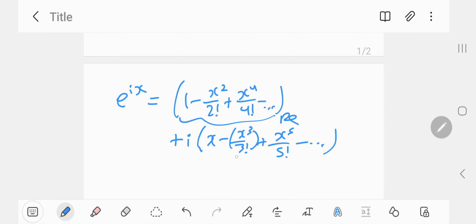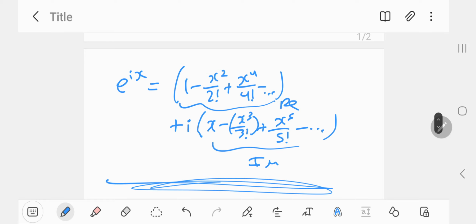That's the real part, and that's the imaginary part. So that's what e to the ix looks like. It can be represented as a Taylor series expansion involving infinitely many terms.